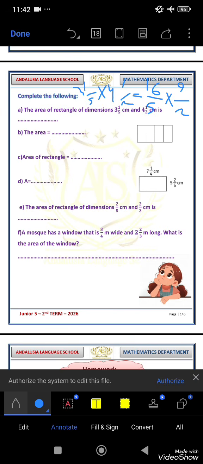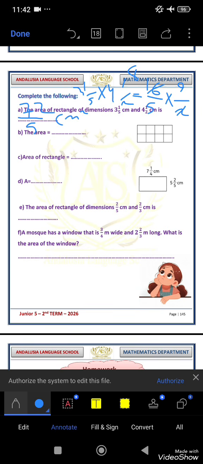We can simplify here: divided by 2 it's 1, divided by 2 it's 8. So it will be 8 times 9, 72, over 5 centimeter square.